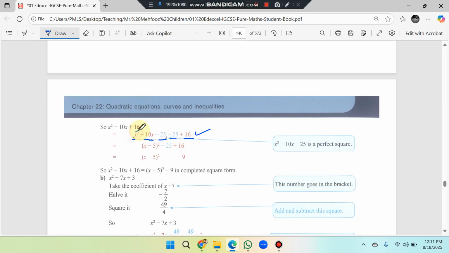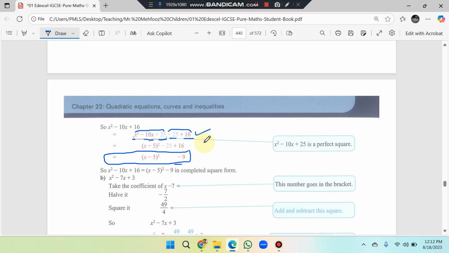Now this can be written as a formula, that is x minus 5 whole square, right, according to your previous knowledge, and the rest of the terms are minus 25 and plus 16. So minus 25 plus 16 can also be written as minus 9. So this is the form which we have to obtain in this example, x minus 5 whole square minus 9.